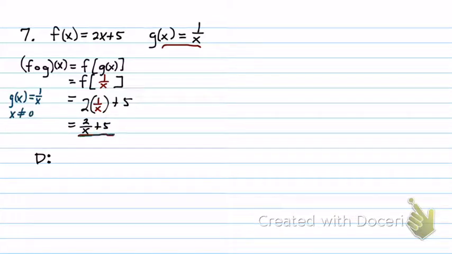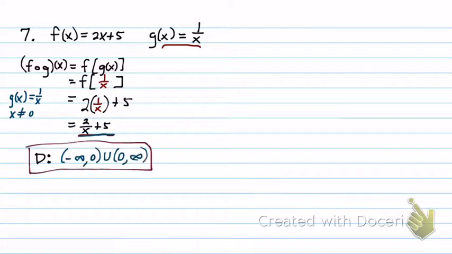So we said x can't be 0, which means our domain is going to be negative infinity to 0, and then from 0 to infinity. So g of x had a domain of everything except 0, and if you look at f of g of x, it's got the same restriction, x can't be 0.